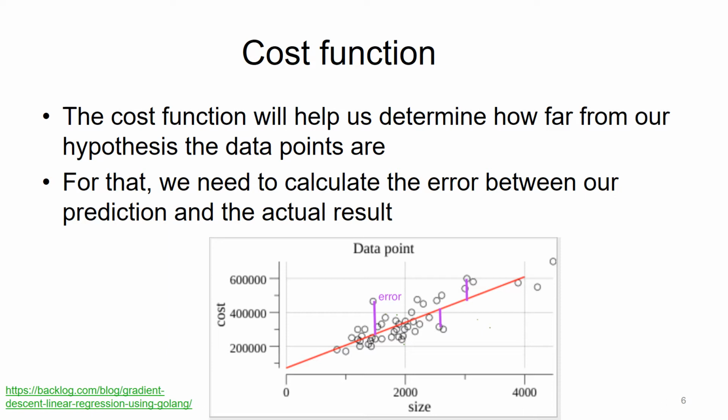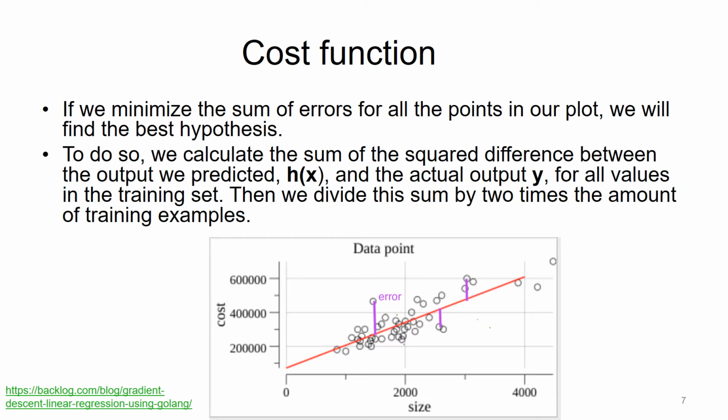See in this picture, I have a hypothesis which is a straight line, a red straight line, and there are distances for different data points from the line, and by calculating this error, the distance, we will be able to understand how efficiently our algorithm is formed.